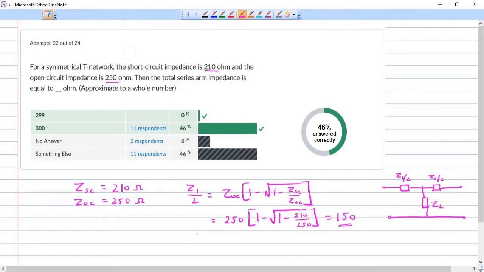So the total series impedance equals Z1, so that will be equal to twice 150. So that will be equal to 300 ohm. So that's the correct answer.